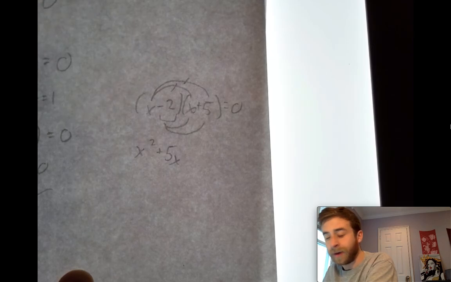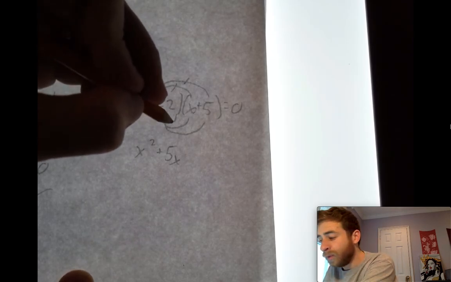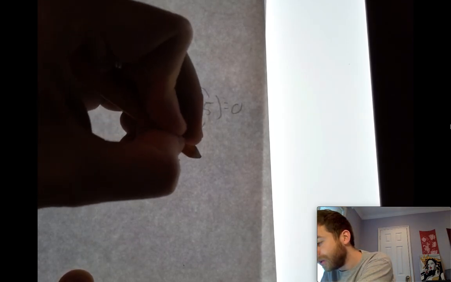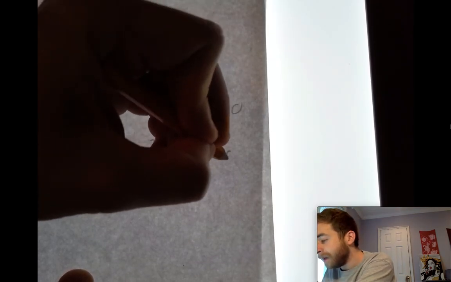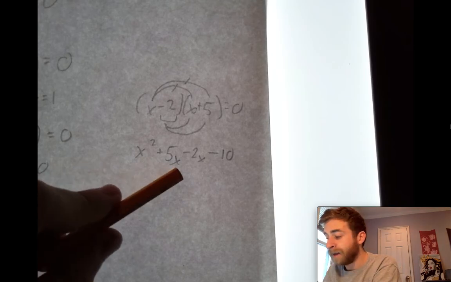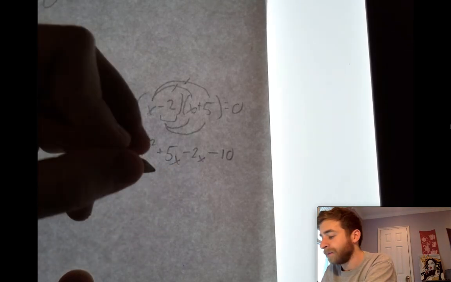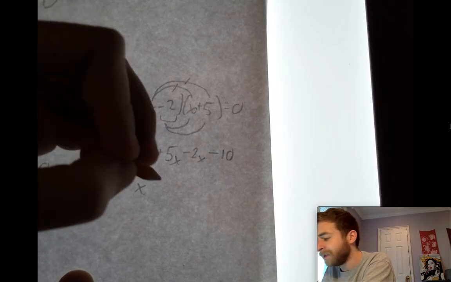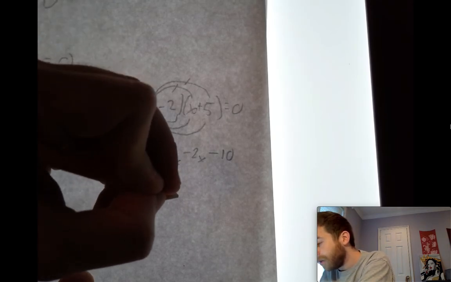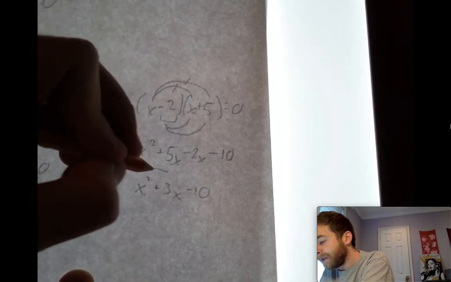That's the second part of the rainbow. -2 times x is going to be minus 2x. -2 times 5 is going to be -10. And then finally, I just need to make sure that I'm combining my like terms. So I have x squared, 5x minus 2x is going to be plus 3x, minus 10.